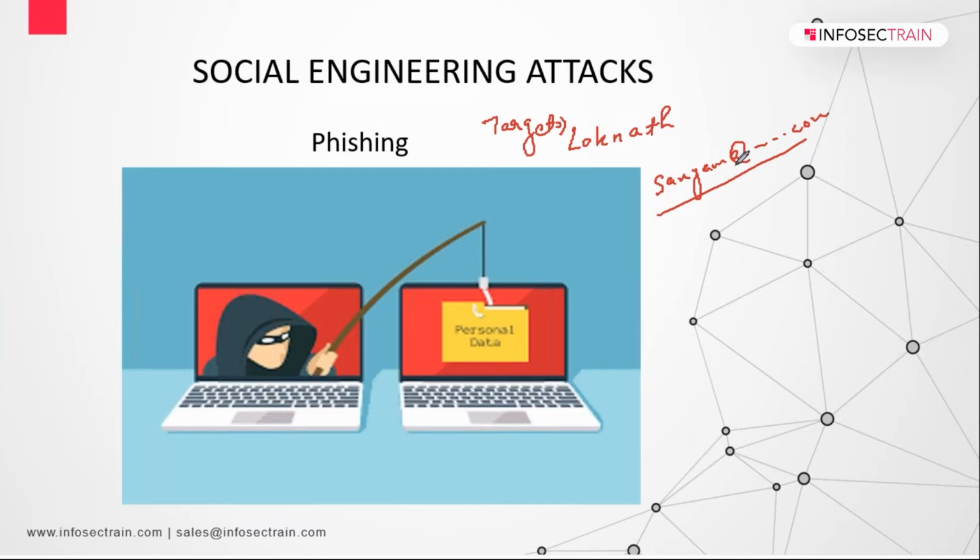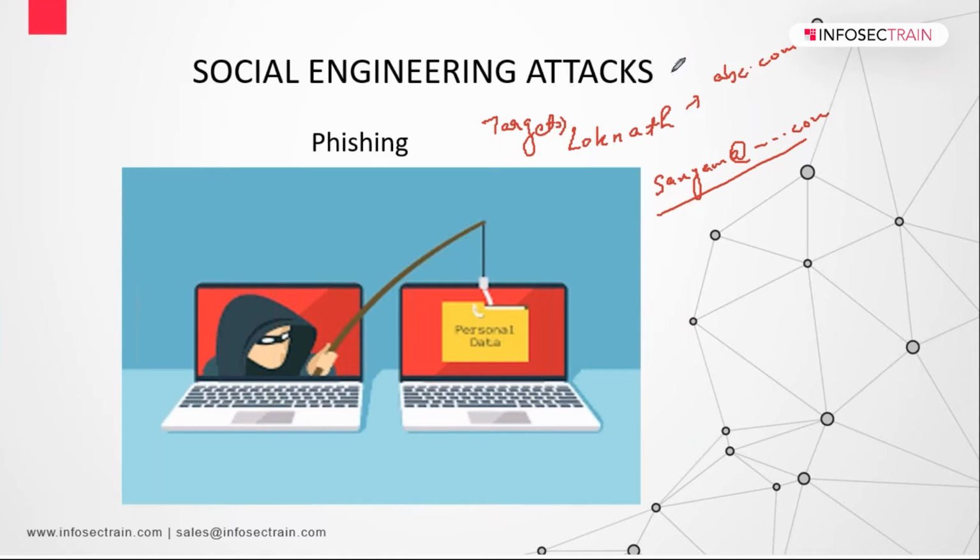I can send Mr. Loknath an email, let's say he works in our organization with the domain name abc.com. ABC is the name of this organization, and this is the URL, or domain name.